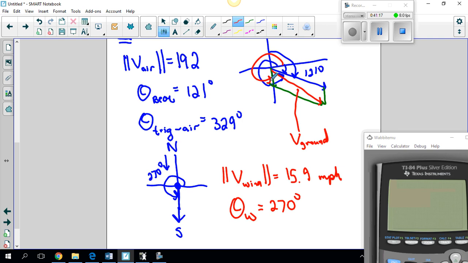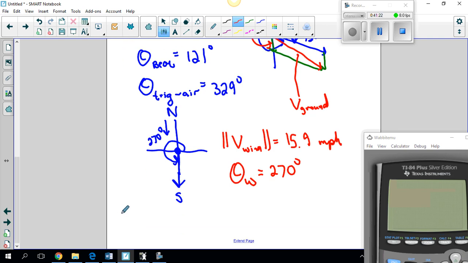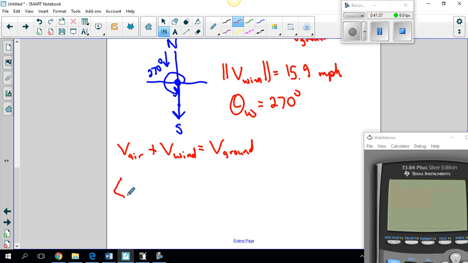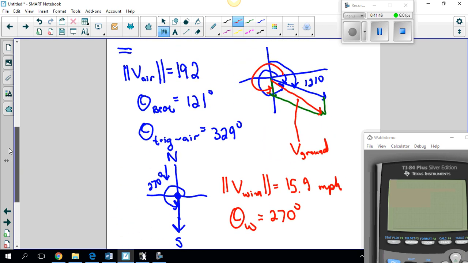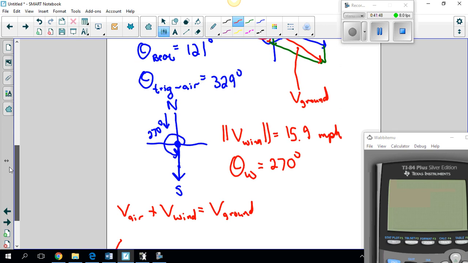So, if you want to solve this, just remember the air plus the wind equals the ground. The air, well, you don't need your x and y, you just need your magnitude and your angle. So it's 192 with the 329.